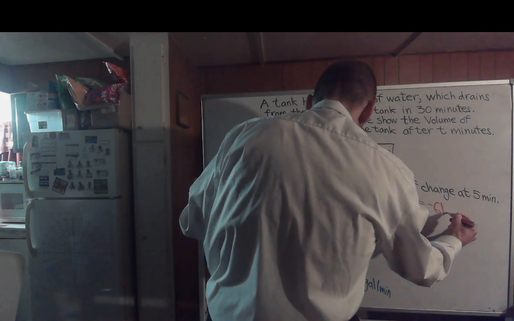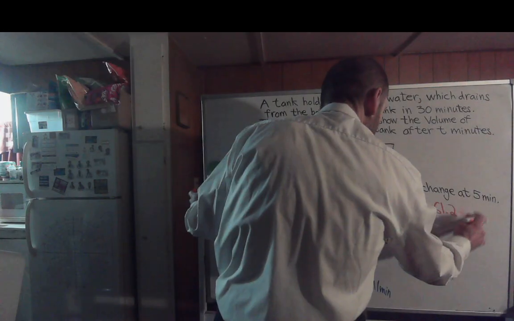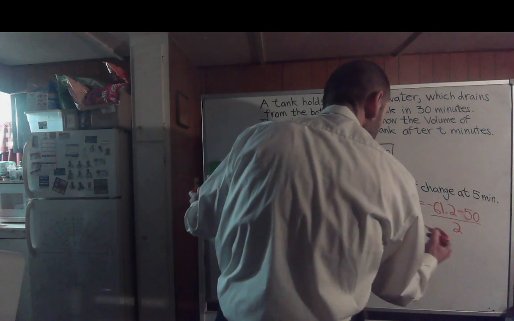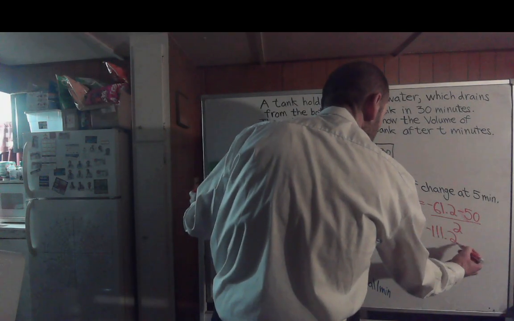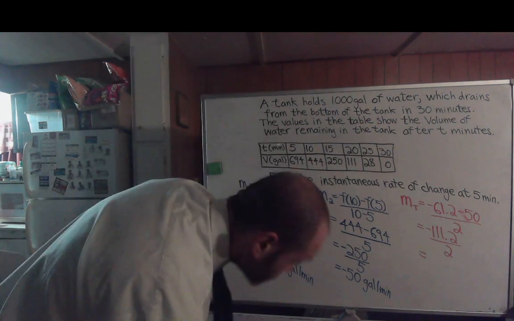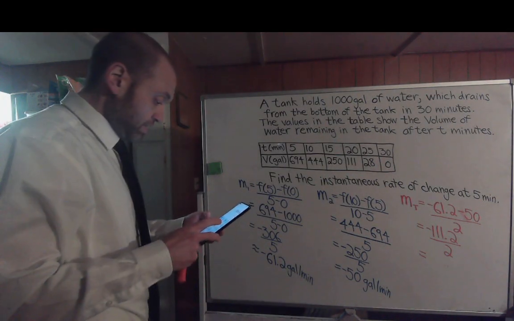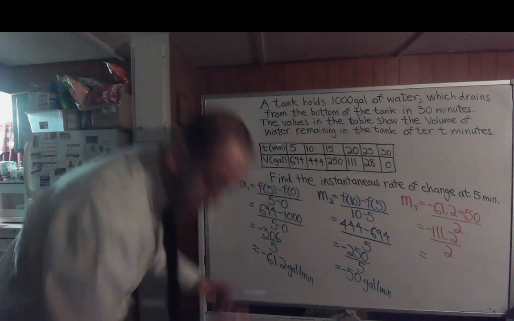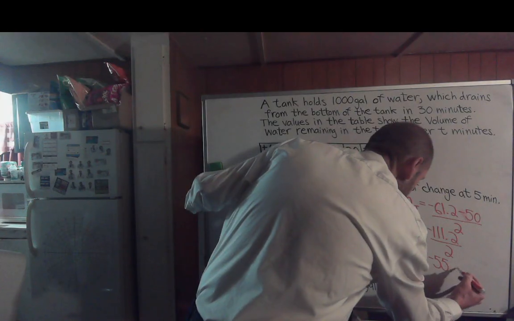So negative 61.2 plus, or actually in this case it'd just be minus 50, divide all that by 2, you end up then getting negative 111.2 divided by 2, which, let's go ahead and divide that. So negative 111.2 divided by 2 gives you about negative 55.6 gallons per minute.